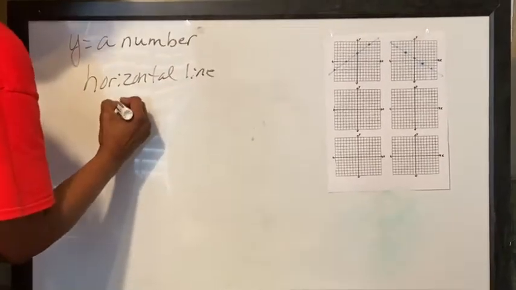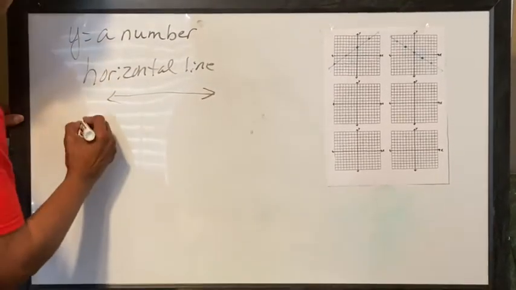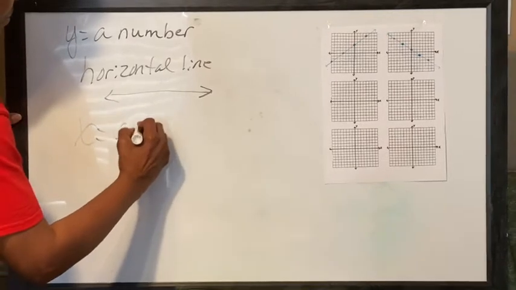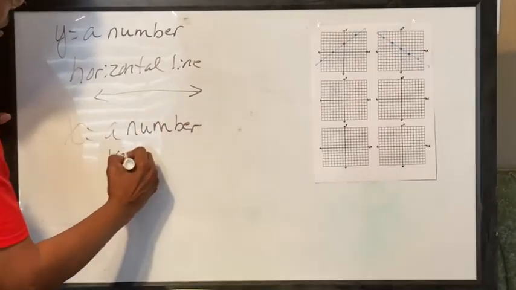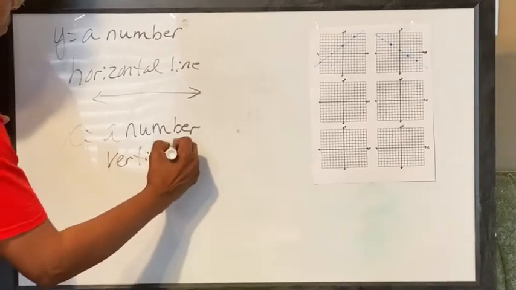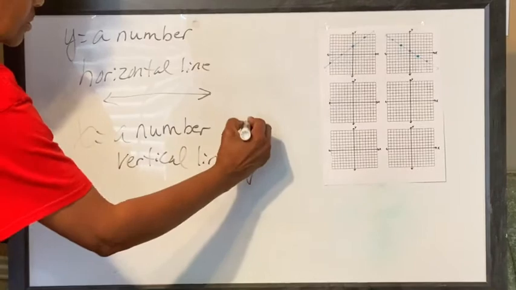A horizontal line goes like this, okay? If I have x equals a number, I'm going to have what we call a vertical line. And a vertical line goes like this.